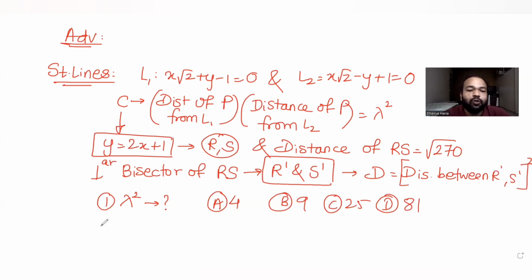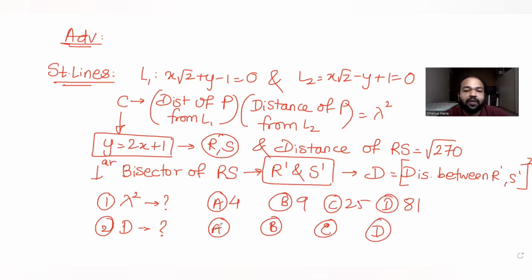We have to also find the value of this D. There are again four options given for the values of D: the first option was 440 by 7, then 40 by 7, and the last option given was 6. So we need to figure out the answers for these two questions.